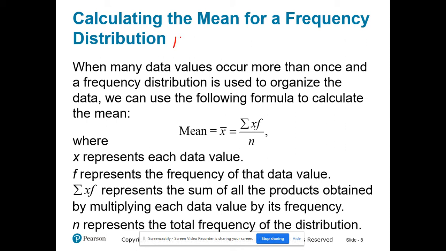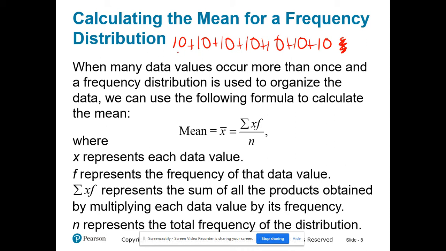So I've got 1, 2, 3, 4, 5, 6, 7. Stop there. So I have 7 different 10s. Technically you could add 10 plus 10 plus 10 and so on, but you know that multiplication is a shortcut for repeated addition.